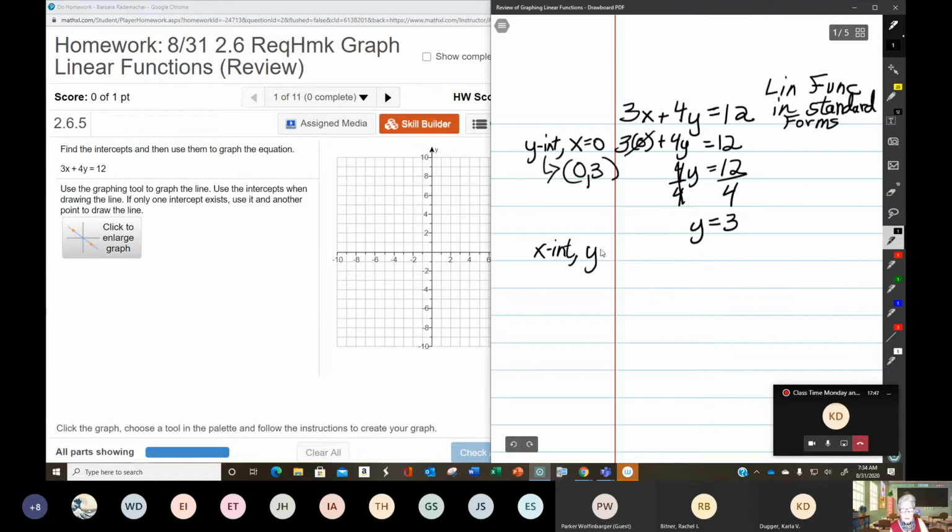And now to find the x-intercept, I let y equal 0. So I start out with 3x plus 4y equals 12. But I'm going to let y equal 0 this time, so I'll have 3x plus 4 times 0 equals 12. So 3x equals 12.